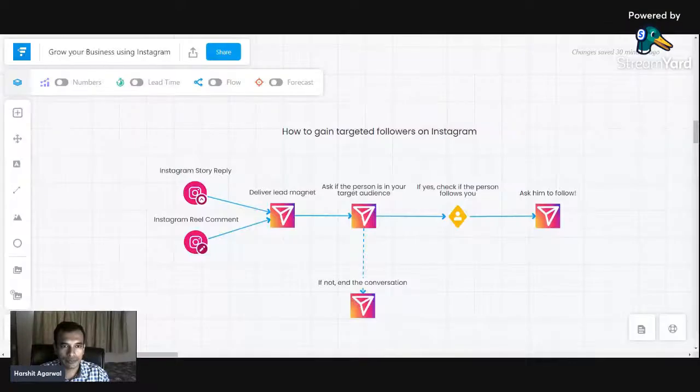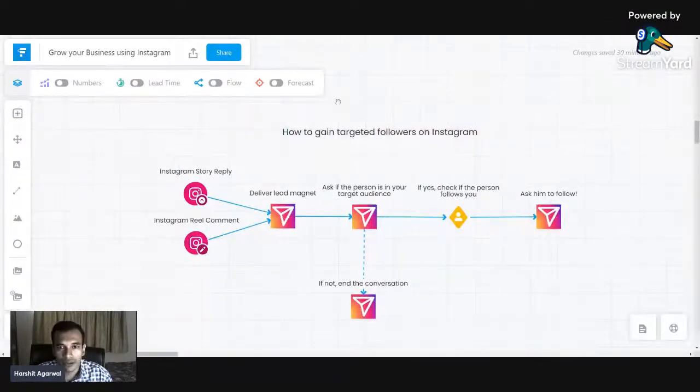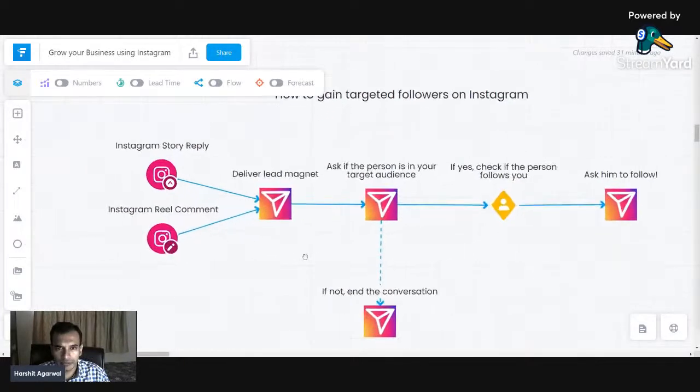And with that, let me go ahead and share my screen and share the framework with you. So here you can see the framework which can be used to gain targeted Instagram followers. Let me zoom in.